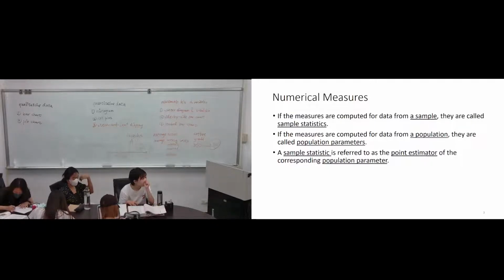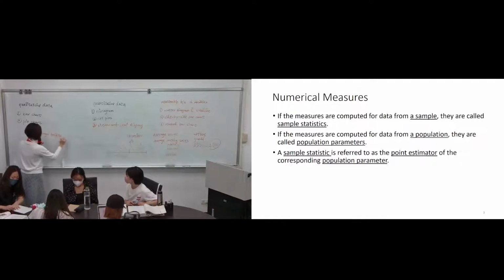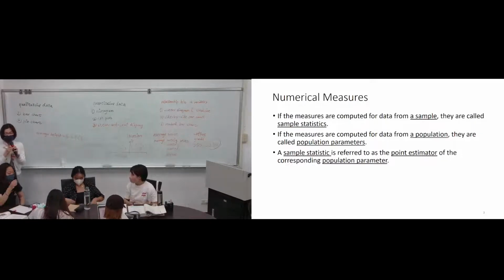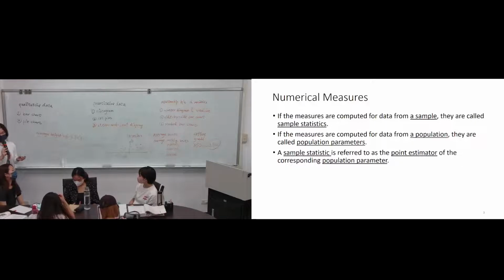For example, if I would like to know the average height of the whole campus, there are more than 16,000 students on the campus. It is hard for us to collect the data from each of the students of CYCU.